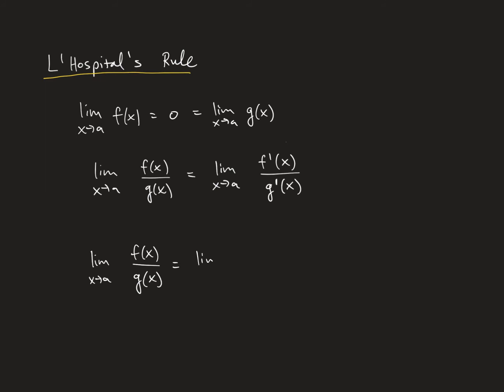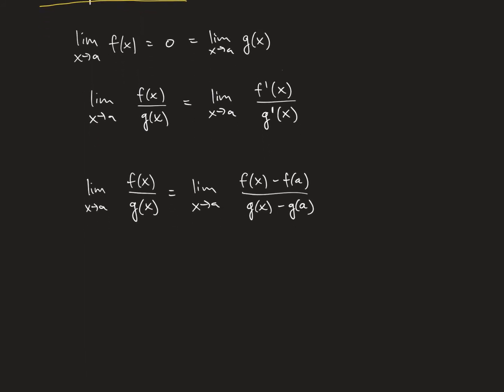So f of a is 0, so I can just write this as f of x minus f of a over g of x minus g of a. And then you can kind of see the difference quotient coming in. So we can just insert an x minus a in there. So you have f of x minus f of a over x minus a, over g of x minus g of a over x minus a.